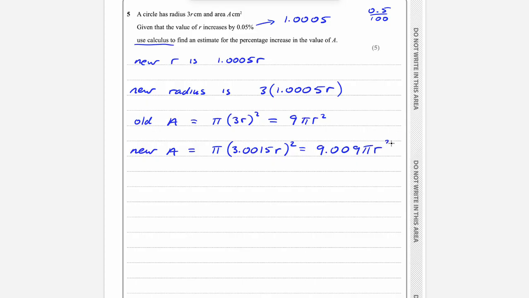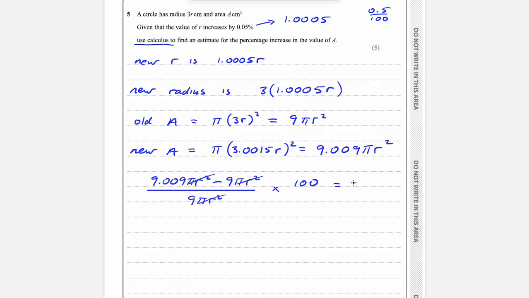Then the percentage increase is just new minus old over old, times 100. So 9.009 pi r squared, new, minus old 9 pi r squared, over old, which is 9 pi r squared, times 100. Now I can divide everything by pi r squared, so that goes, and that goes.